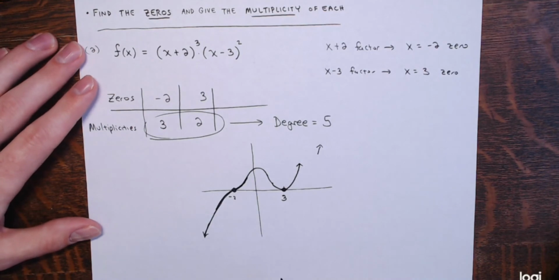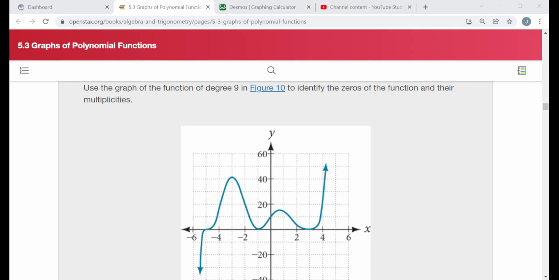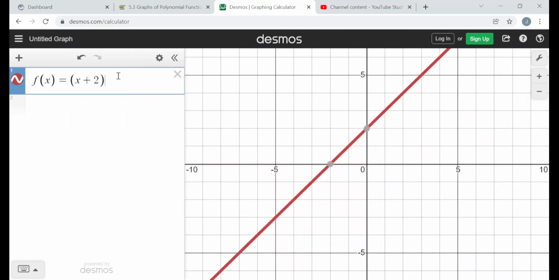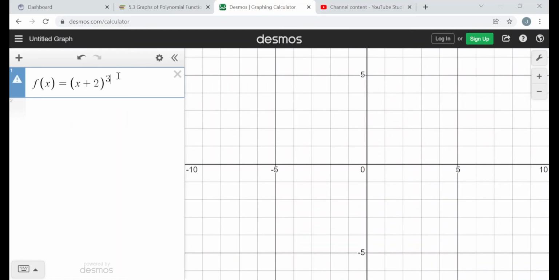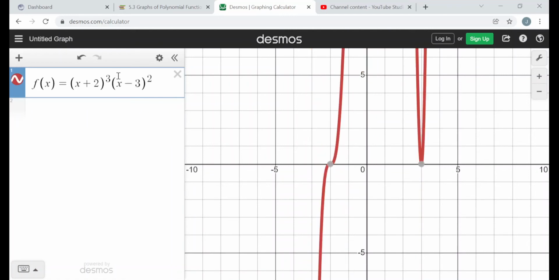All right, but let me actually show you a much better picture of this. Let's punch this into our free online graphing calculator, desmos.com. I know I've shown this in plenty of other videos. We have f of x equals quantity x plus 2 cubed times x minus 3 squared.